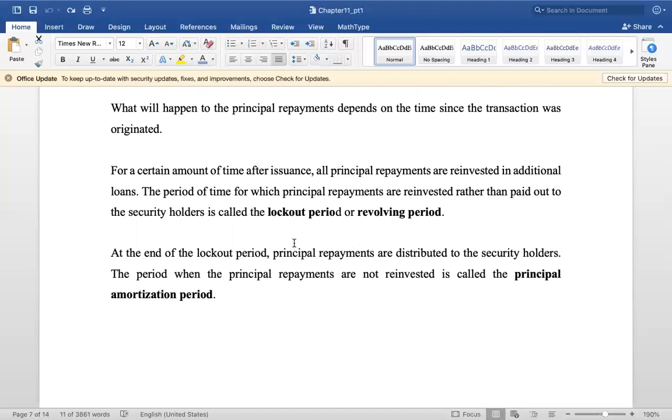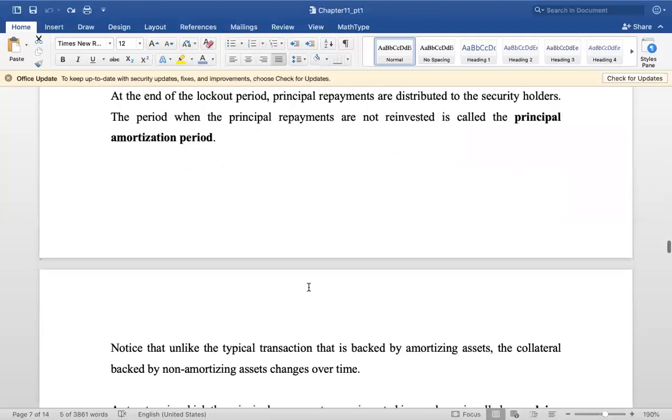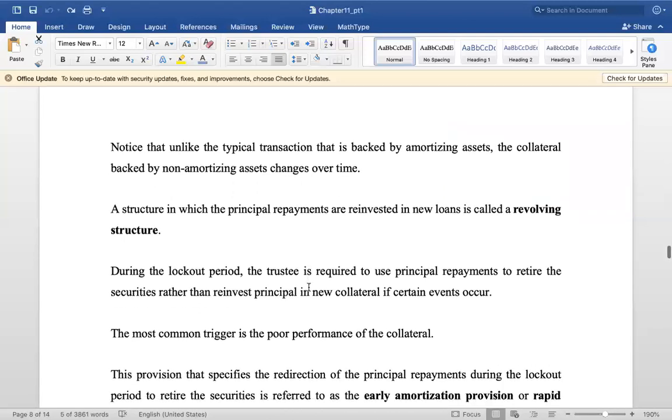But typically, for a certain period, called a lockout period, all the principal payments coming from the collateral are reinvested, and after that lockout period, the principal payments are not reinvested and they are paid back to the security holders, and this is called the principal amortization period.